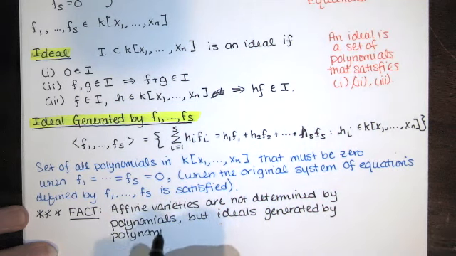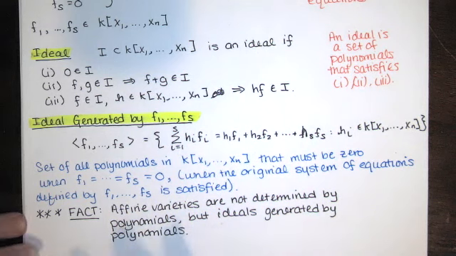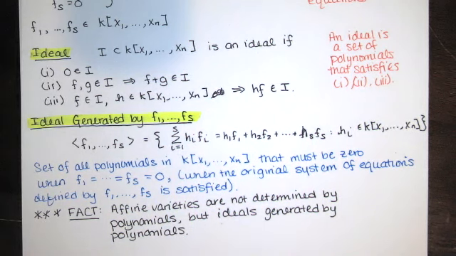So one of the things that we looked at in the last video was the fact that you could have two different sets of polynomials, f sub 1 through f sub s. You could say that those are the basis functions for that ideal. If you have two ideals that are the same and they have two different sets of basis functions, they're going to correspond to the same affine variety.